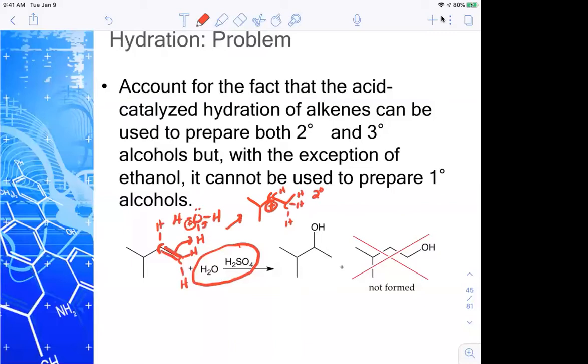When I go through this mechanism, I'm not going to count those two steps. I'm going to end up with this guy, okay? So notice this is a secondary carbocation.